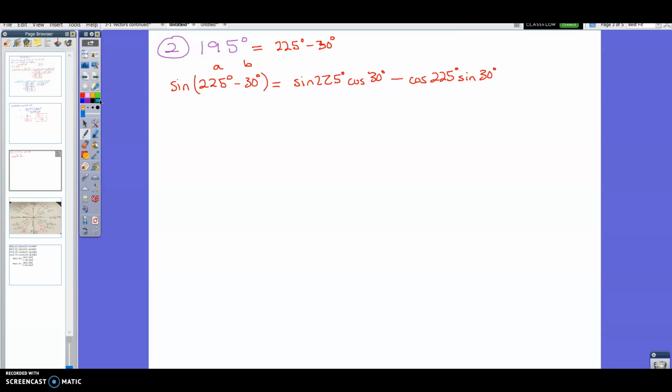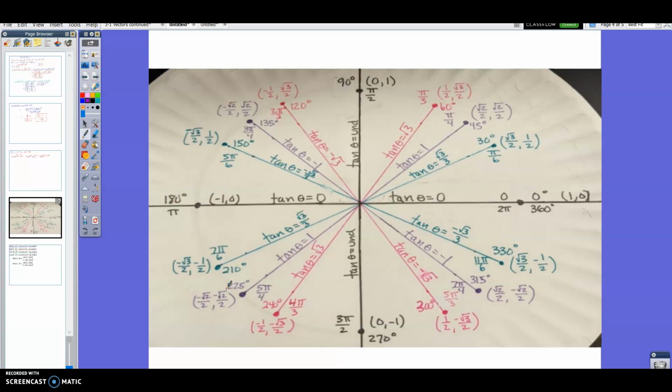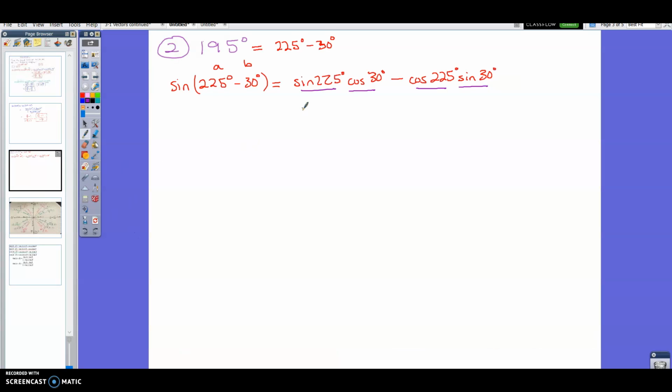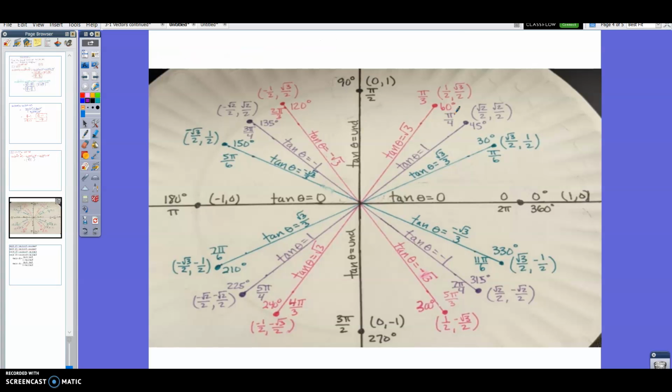So to get the exact value, what we want to do now is to replace our sine and cosine values with the values from our unit circle. So sine, we're looking at the y value. So the y value of 225 is negative square root of 2 over 2. The cosine or x value at 30 degrees is square root of 3 over 2.